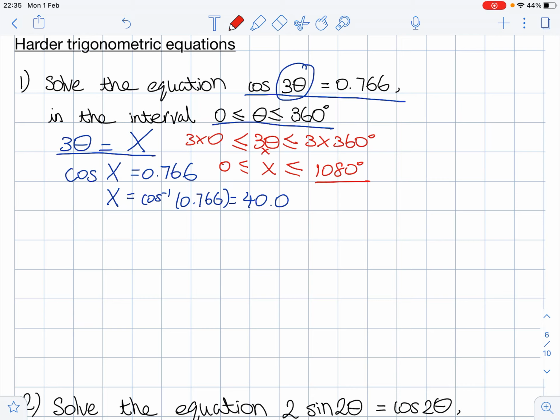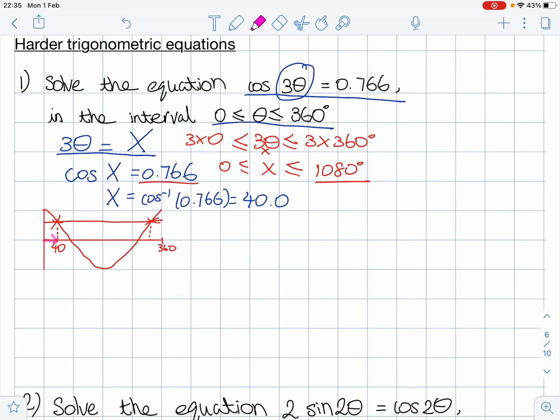Then let's have a look. Firstly, I'm going to sketch my cos graph. The value I want to find is 0.766, so it's going to be those 2 points here, where the line crosses here and here. I know this value here is 40, and this is 360.